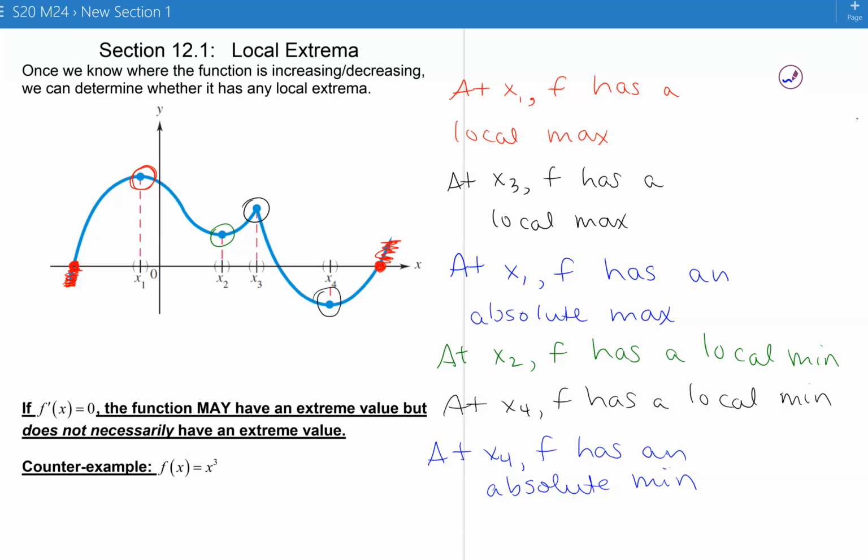Okay, so we're going to be able to find those points by looking at what happens with the derivative. So if to the left of the point the derivative is positive, so here we have the derivative is positive, the slope of the tangent line is positive. And then to the right of that point, we have f prime is negative.